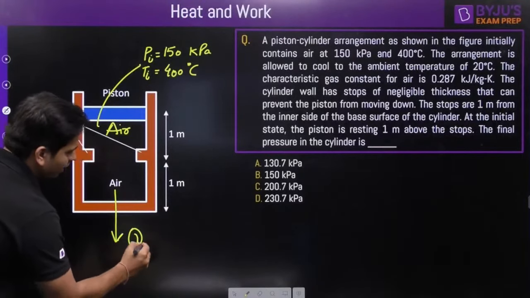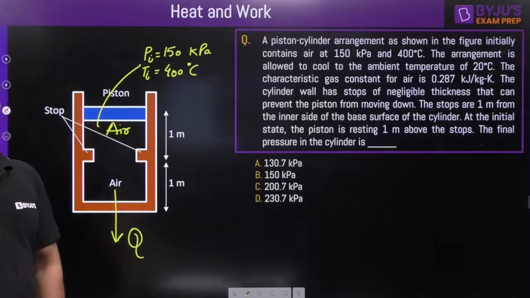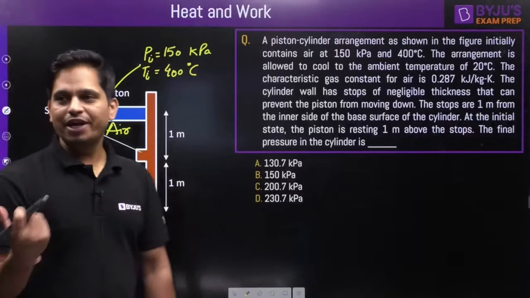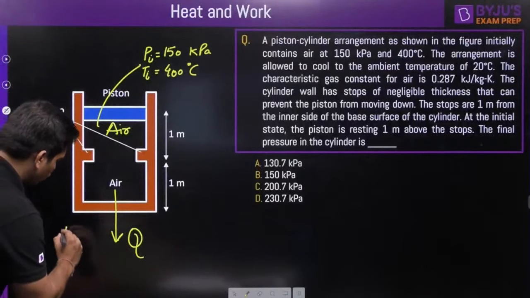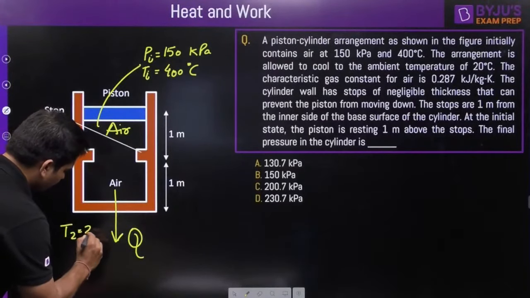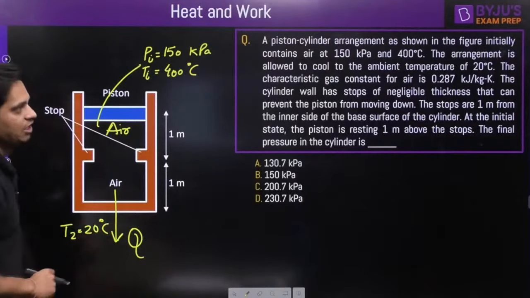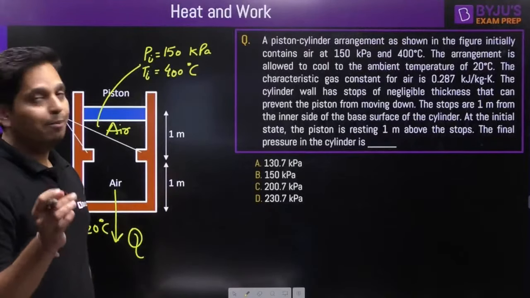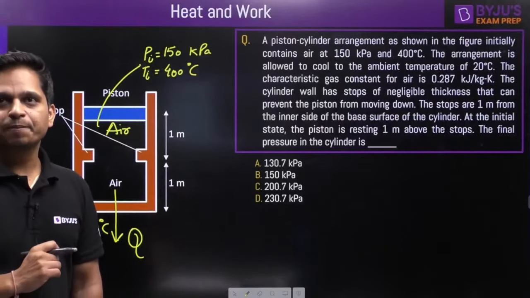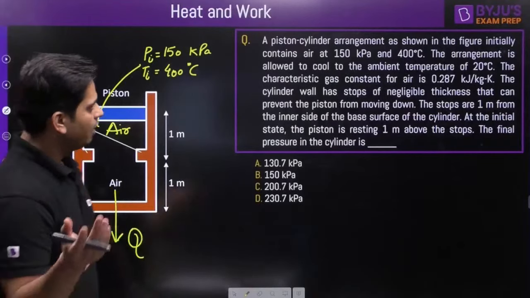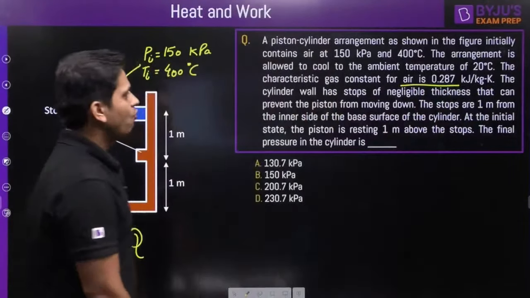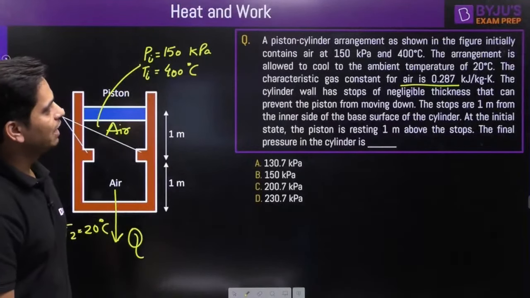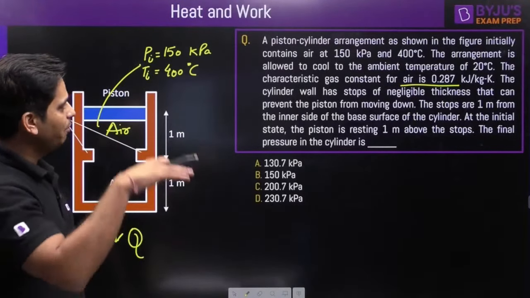So we are cooling it. Q is coming out, and it is cooled down to final temperature T2 equal to 20 degrees Celsius, the ambient temperature. Characteristic gas constant is given. The cylinder wall has stops of negligible thickness that can prevent the piston from moving down.